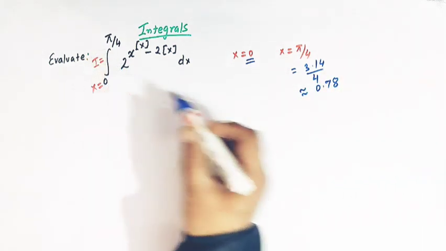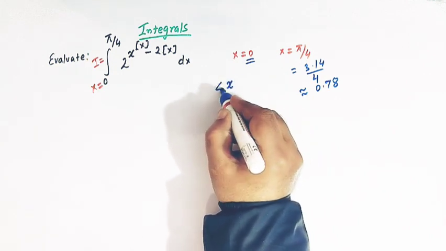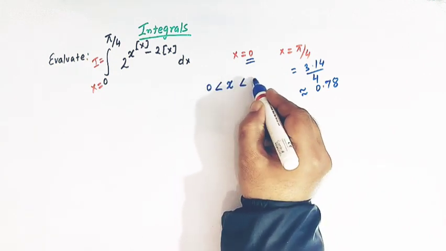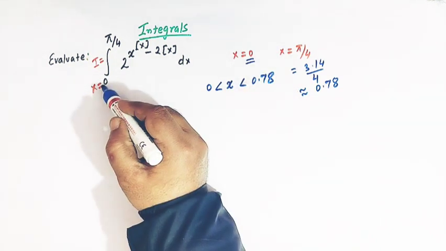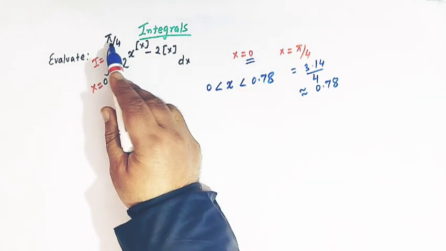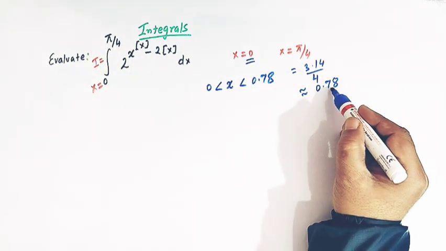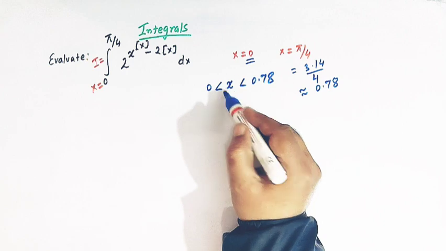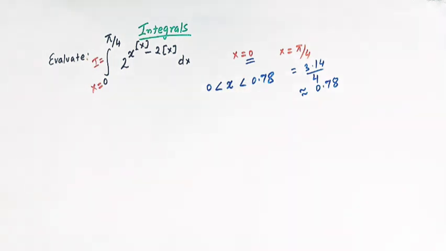So it implies that x lies between 0 and 0.78, because the lower limit is 0 and the upper limit is pi by 4, which is approximately 0.78.